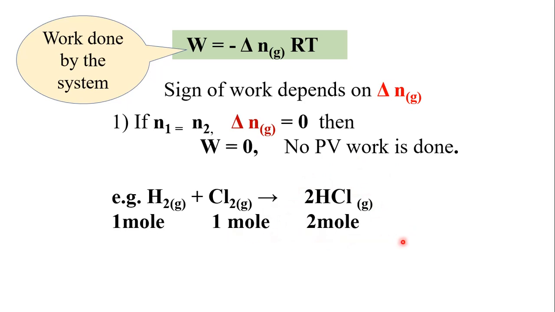So the number of moles of gaseous reactant and gaseous product are the same, and therefore here N2 minus N1, that is the change in number of moles, delta N, is equal to 2 minus 2, that is equal to 0. So in such reactions, no PV type of work is done.